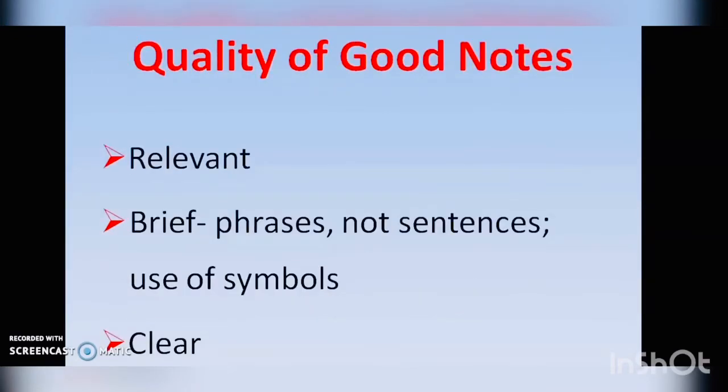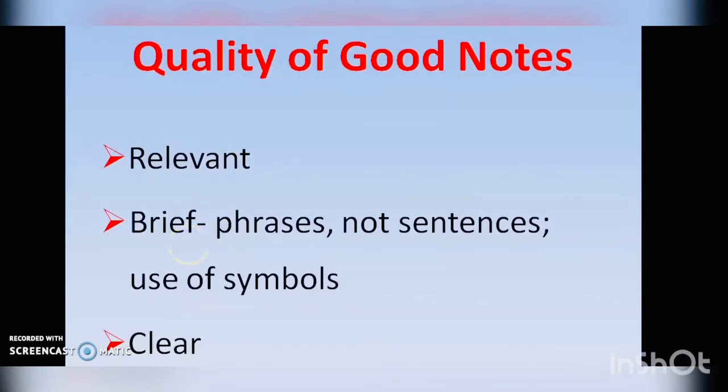So what are the qualities of good notes? The very first thing is relevance, the notes must be relevant. We read so many things, we hear so many things, but we note down only those ideas which we think we may need in future. The second thing is brevity.